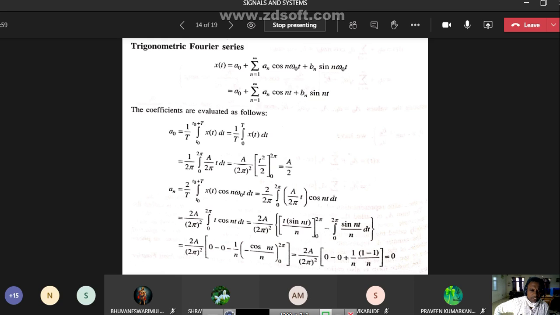Sin nt integration is minus cos nt by n, 0 to 2 pi. If you substitute the upper limit, cos 2 pi n divided by n, and if you substitute the lower limit, cos 0 is 1 by n. If you simplify that, finally an is 0. Okay, an is 0.